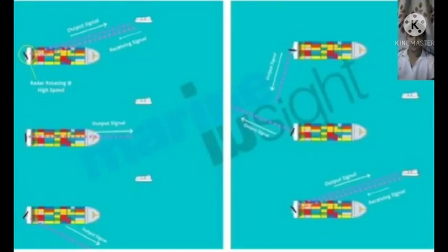The shown image is how ships can receive and output signals, with the radar rotating at high speed.